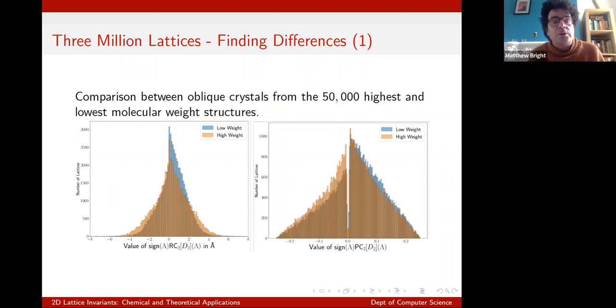I don't think the differences are quite enough to draw this conclusion, but you might ask whether the problem with high molecular weight crystals is that they want to be symmetric but, because they've got so much stuff in them, they can't, whereas crystals made from lighter molecules, which have less stuff in them, are a bit more flexible about the configurations they can adopt.